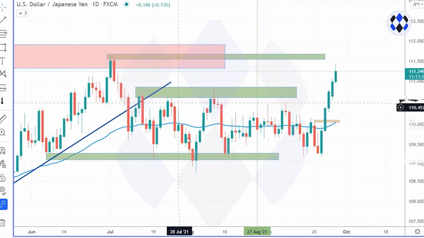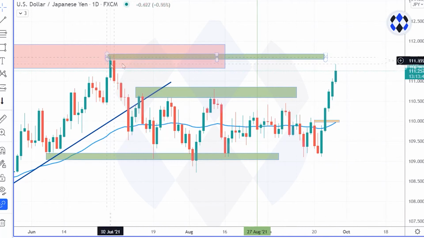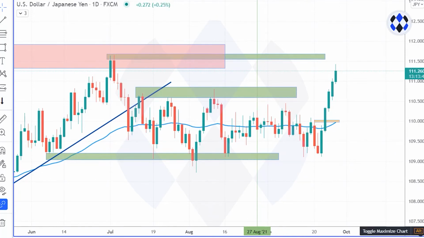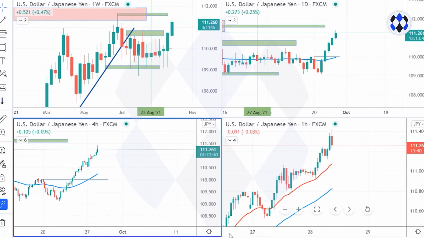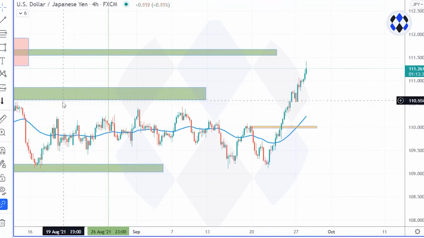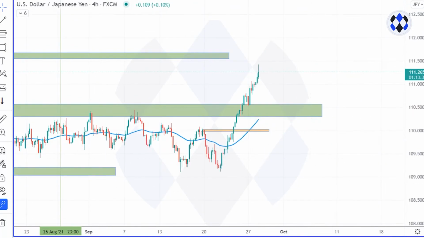If you're looking at this, it has been chopping up and down, and now it has broken up. You could say that it might hit some sort of top here, and I cannot completely say that it won't, but what I'm looking for in a scenario like this, if we're going to the 4-hour time frame, is that I'm looking at some distinct tops here, something like this. So what I'm looking for here before I enter is a breakdown to this point here, and then some resistance, some showing that it will go up.